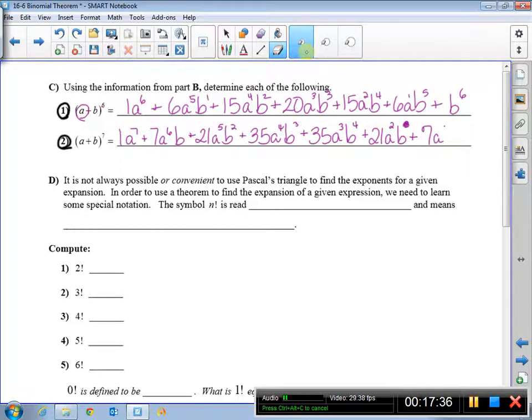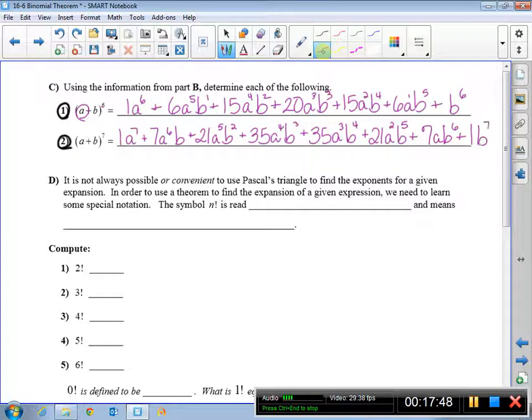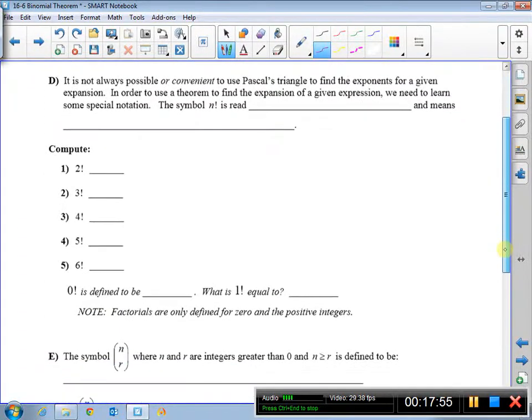Apologies. And then we have 7, a to the first, b to the 6th, and then we have 1, b to the 7th. There you go. So we no longer have to FOIL, I guess.